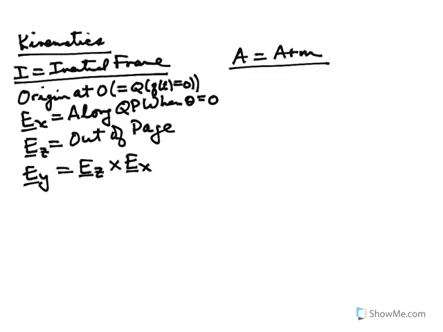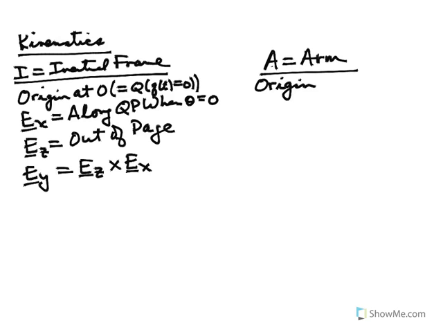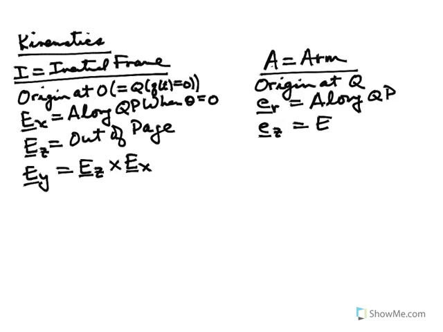Now for the arm, again, let me give myself a little bit more room here. The origin is going to be at Q, because Q is fixed in the arm. And then ER is going to be along QP, and then EZ is going to equal big EZ, and then E theta is equal to EZ crossed with ER.